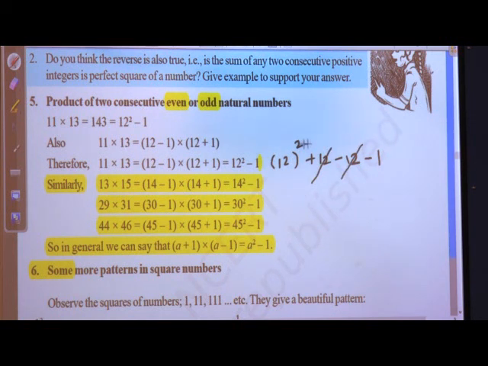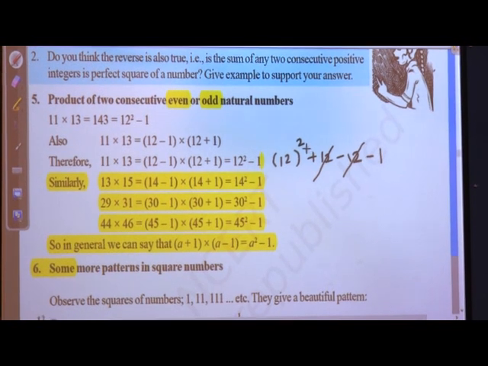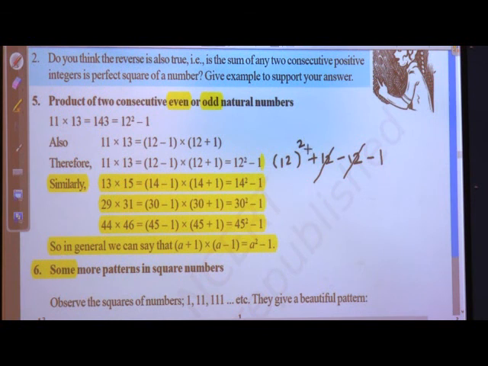What is the answer? 12 squared minus 1. How did 12 squared come? I explained that 12 into 12 is equal to 12 squared. Are you understanding? So, in this way, we have seen how this calculation works.